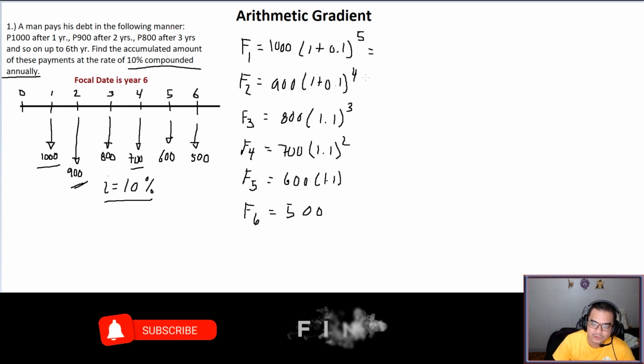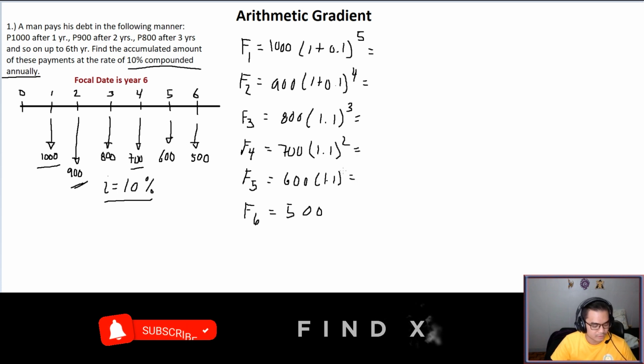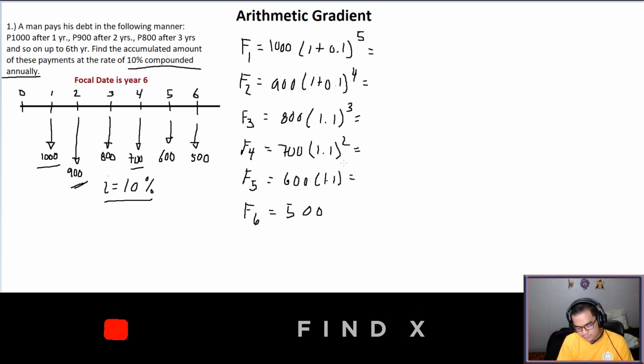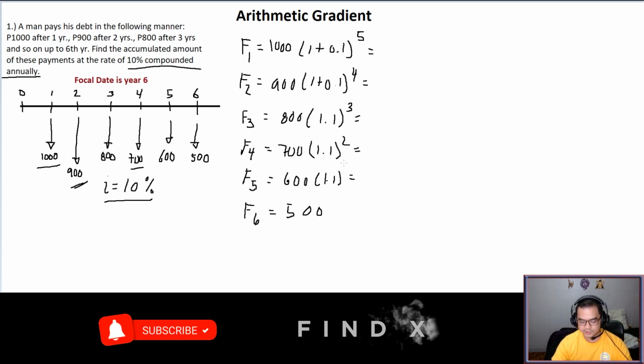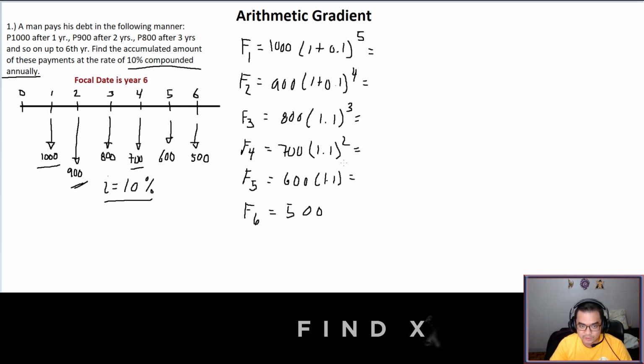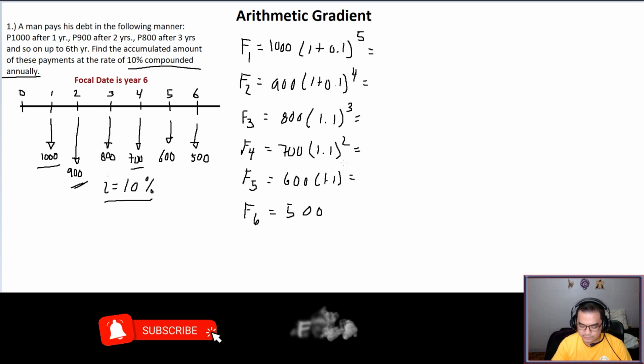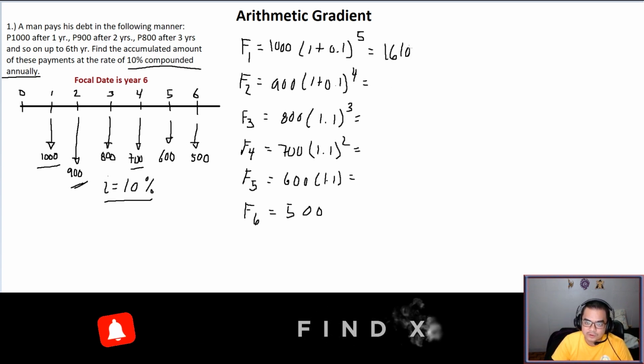Now let's compute these one by one. I suggest that you do this also with me so that you can follow what I am doing. So that's 1.1 raised to 5, that's 1610.51.